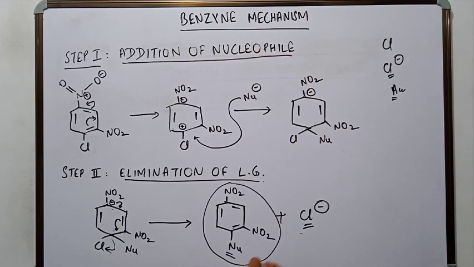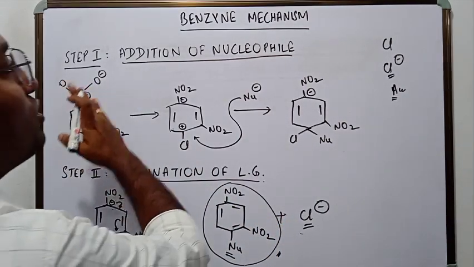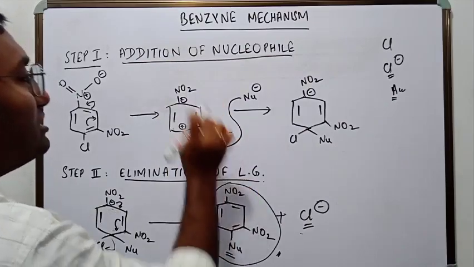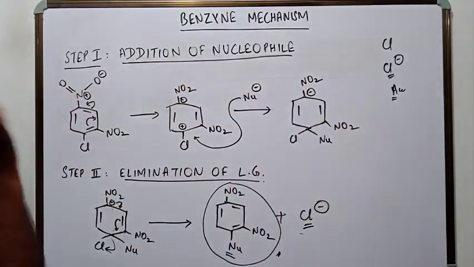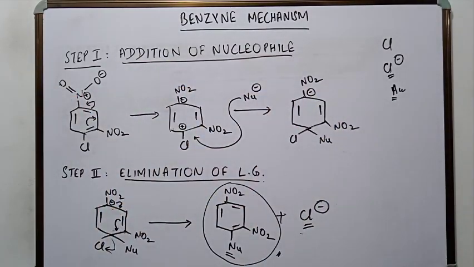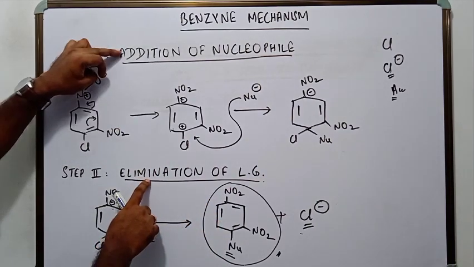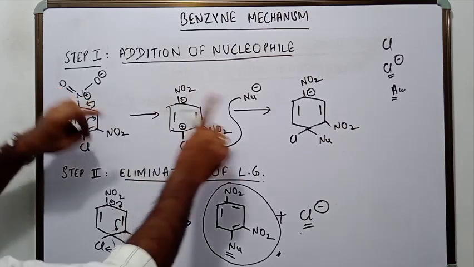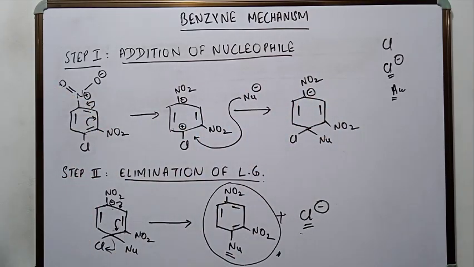So only one product is formed if the course follows the addition-elimination route of nucleophilic aromatic substitution reaction. Please note this down.